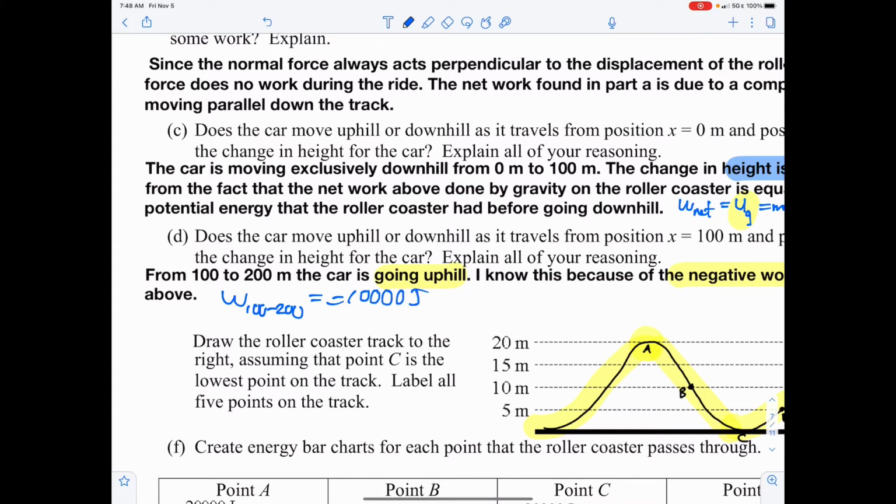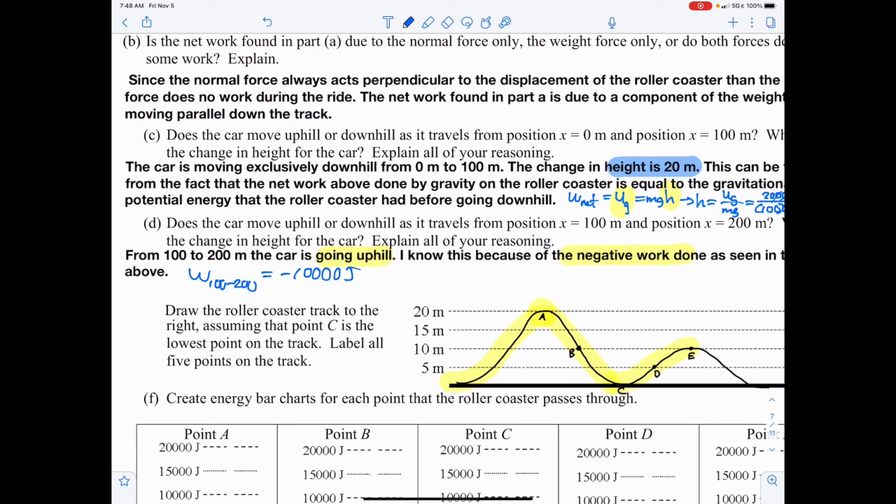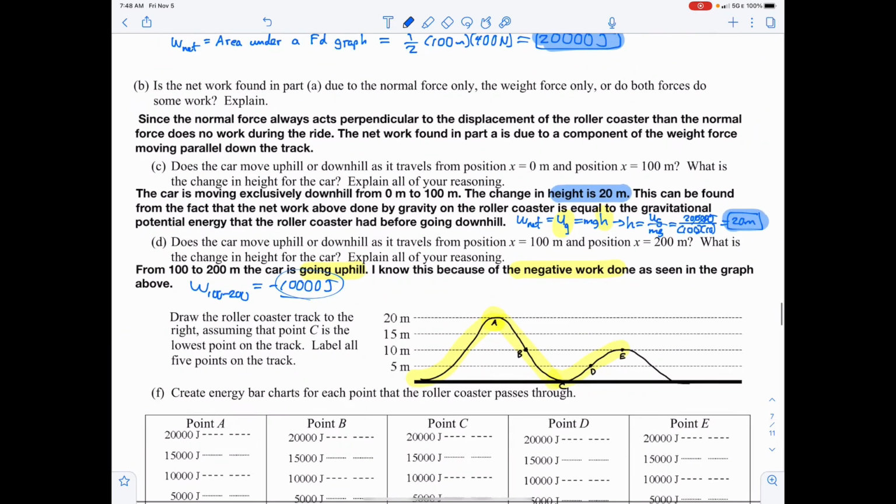Okay, now the negative just tells you there's a loss in energy, right? And so negative 10,000 joules corresponds to half the height. So instead of 20 meters, it would be 10 meters. So that's how this picture of the actual roller coaster can be drawn.